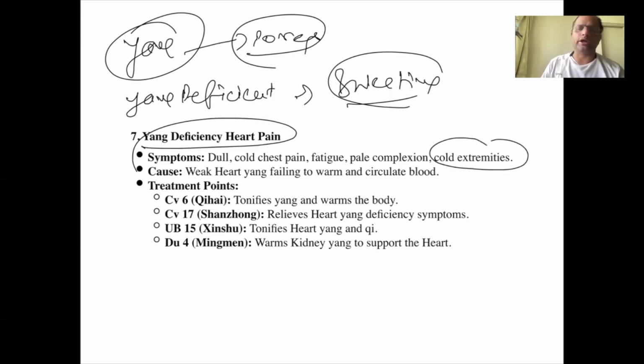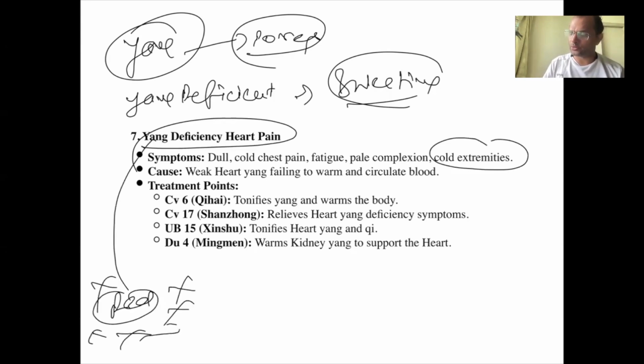The first sign is cold extremities, हाथ पैर ठंडे. Yang is giving red color. If the yang is deficient, then there will not be red color and there will be pale complexion. लाल रंग नहीं होगा तो पेल कॉम्प्लेक्शन हो जाएगा, हाथ पैर ठंडे हो जाएंगे. थकान, chest pain, dull chest pain.